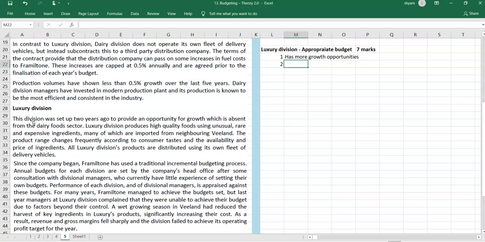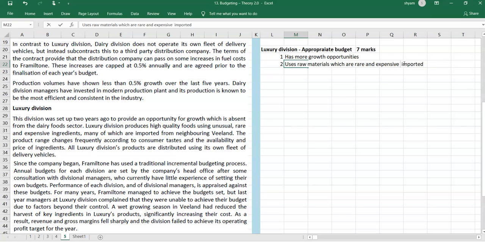Number 2, it uses raw materials which are rare and expensive, and imported.